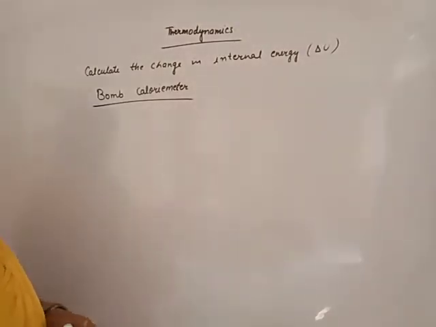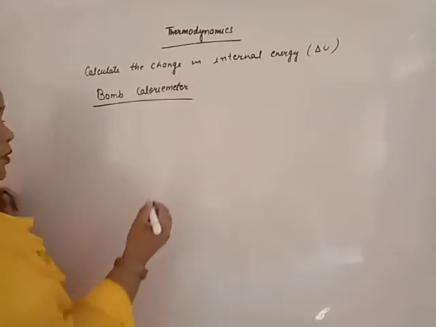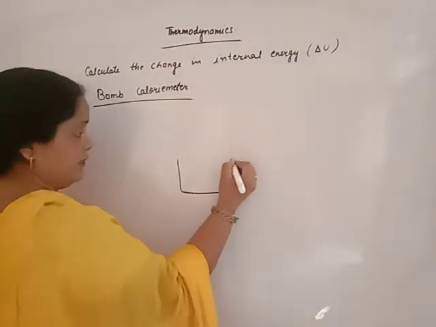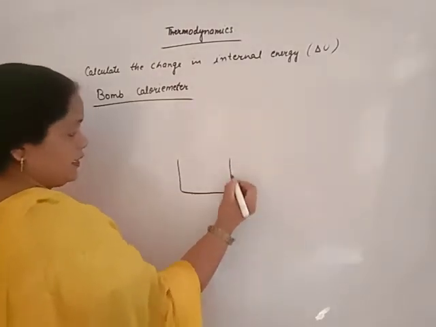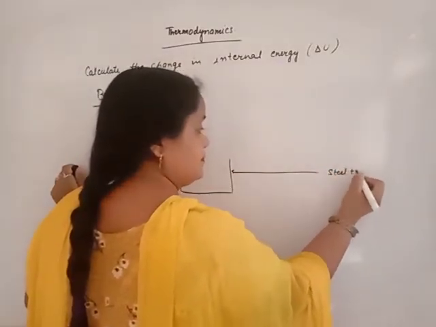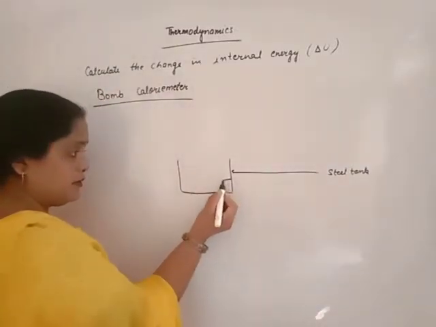For this construction, how will you construct the Bomb calorimeter? Beta, the Bomb calorimeter consists of a small steel tank fitted with a shelf.